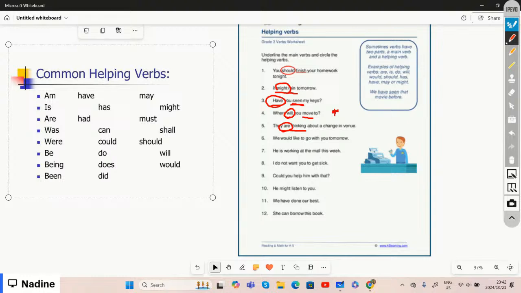If we were to identify our main verb by number six, it says, we would like to go with you tomorrow.